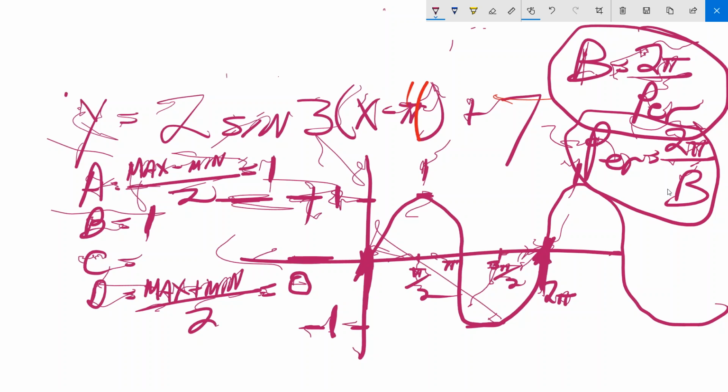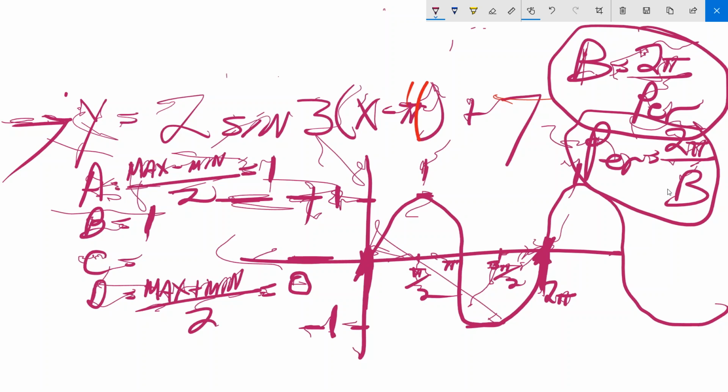All right. So we have figured out what B is. Ultimately, we want an equation like the equation right here, only with a correct A, B, C, and D. We've solved for A, D, and B. The only thing left is C. That's a little bit harder to explain, but for starters, this has not been phase shifted.